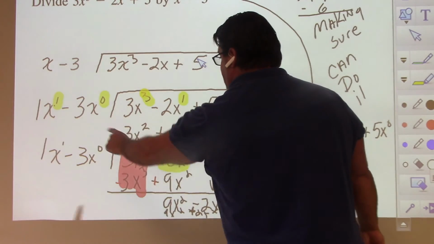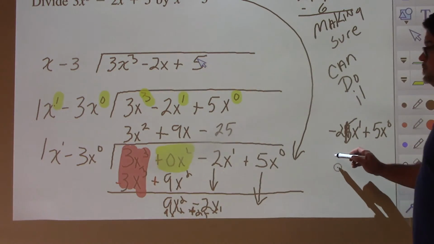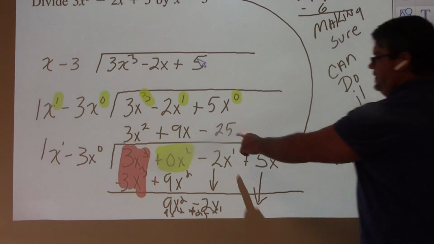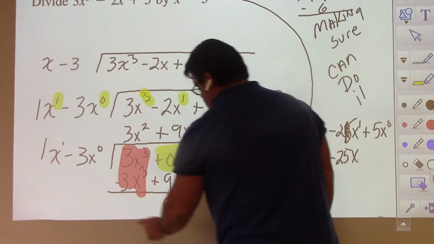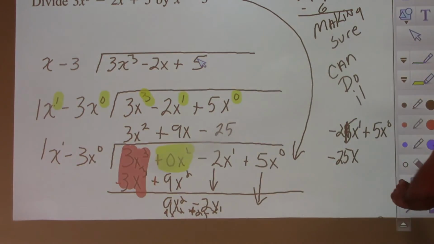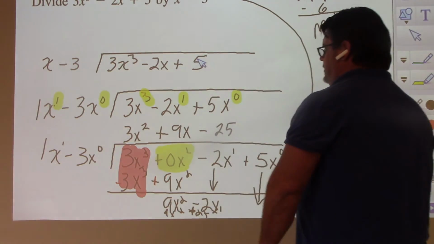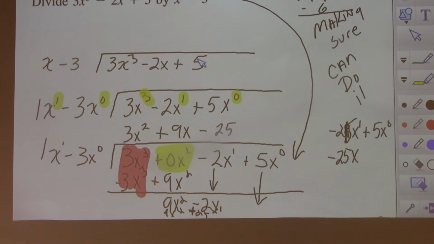And 25 times 1x is what? Negative 25x. Remember, it's negative. Negative times 1 is negative. And then negative 25, it's positive, because remember we changed it to a positive 25, so positive.